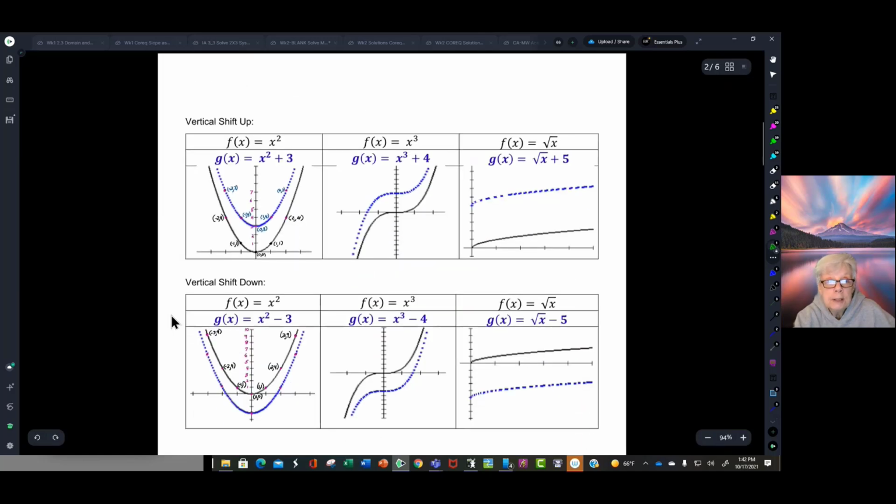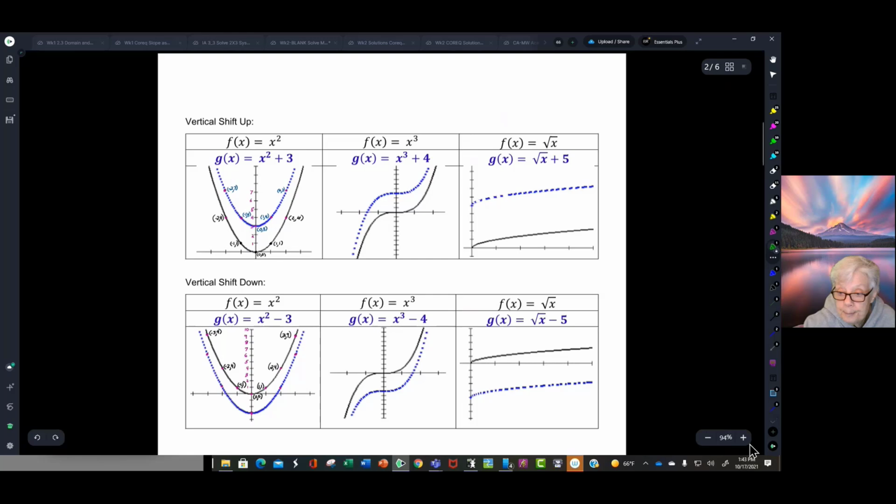Now, what about just shifting the graph directly up and directly down? We're going to do that also right now. A vertical shift up means this. You take your basic graph, and if you shift it up 3 units, then all of the y coordinates in the basic graph are going to have 3 added to them.